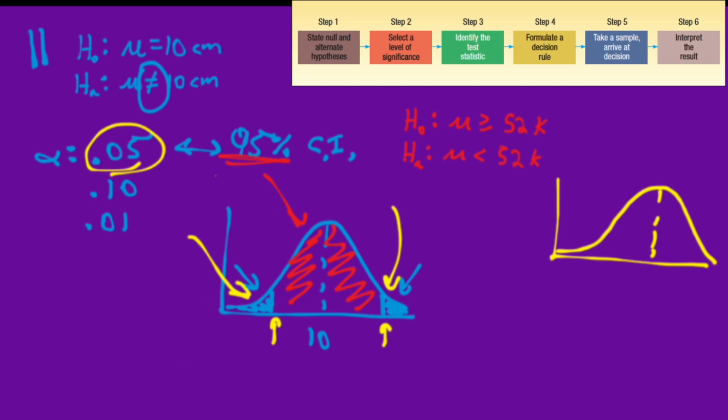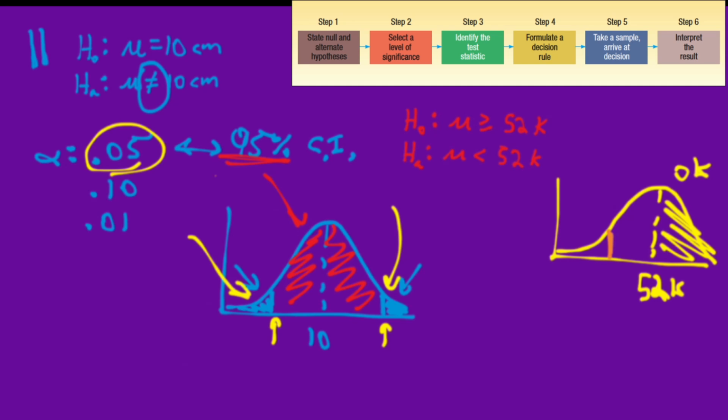So we're testing the claim that the mean is at least 52,000. I slipped up there. So it's at least 52,000, which means all of this is okay. If we take a sample and we find 79,000, that does not give evidence against the null hypothesis. In fact, that's included in the null hypothesis.